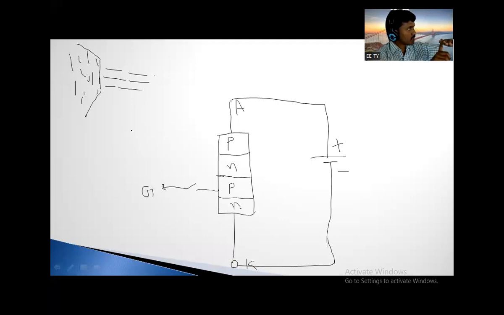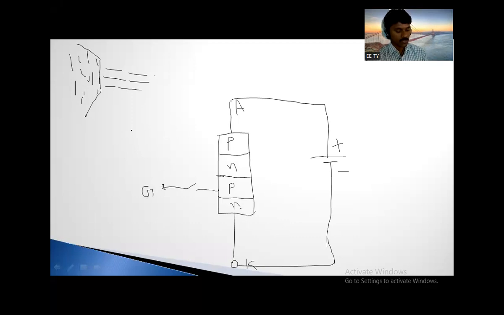If this junction is forward biased, then the current will flow from P type material to the N type material. This is the one point. Is it clear?